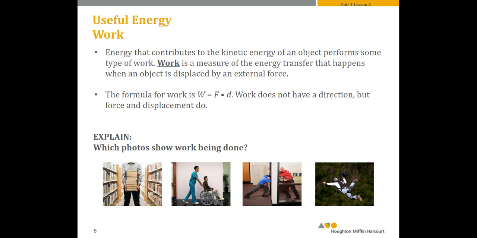Let's assume it's free fall. So there's gravity pulling the person down. And if he or she is not in free fall, then we would also consider air resistance pushing back up. But there's some kind of force acting on the person, and there is displacement, because the person is moving downward. So there is work being done.